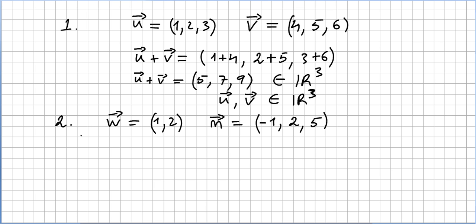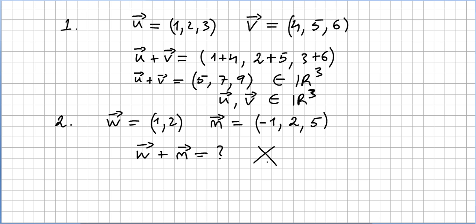Second example, we have vector w (1, 2) and vector m (-1, 2, 5). Question: what is w plus m? The answer is this is not defined.